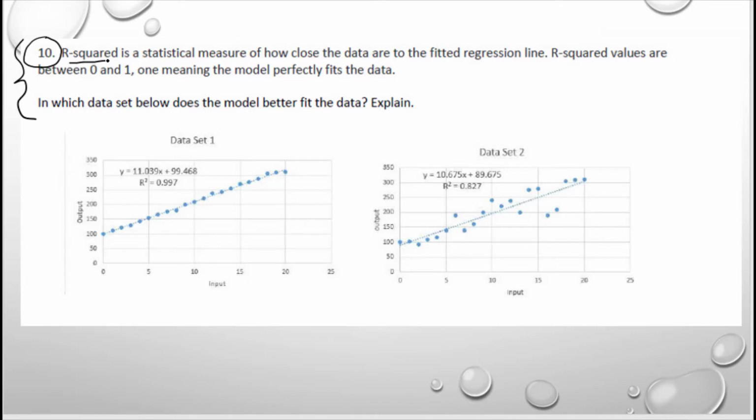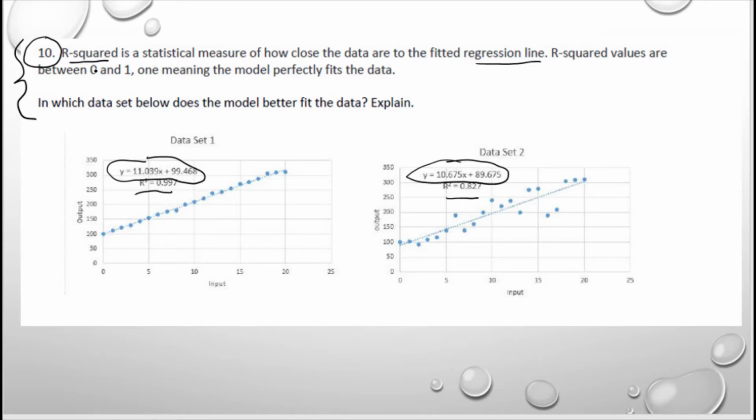It says R squared, which is the number here and the number here, is a statistical measure of how close the data are fitted to the regression line. In other words, how close does the model line, the equation, actually fit the data?